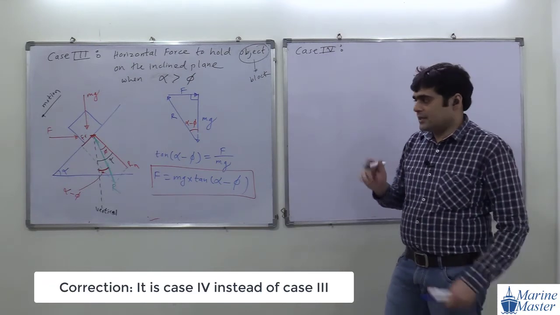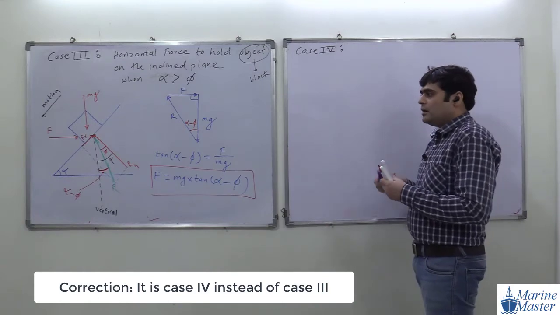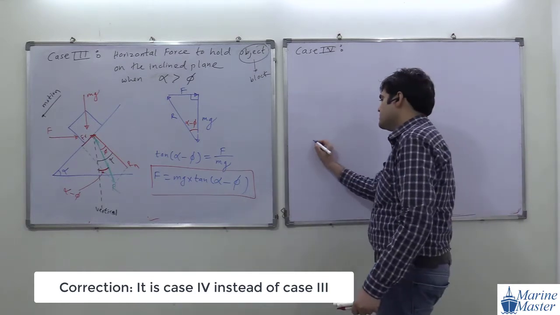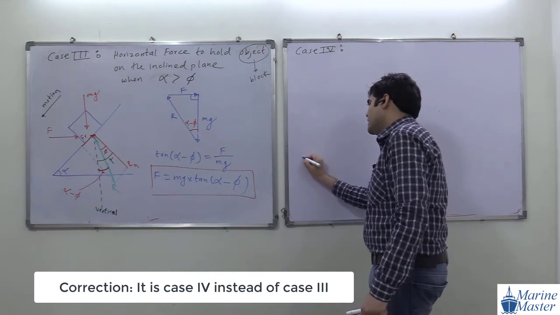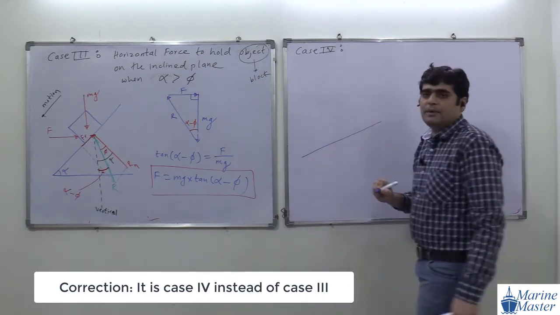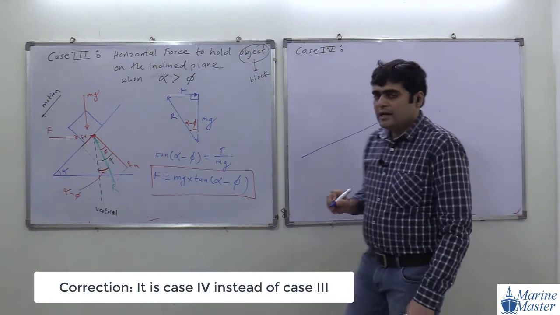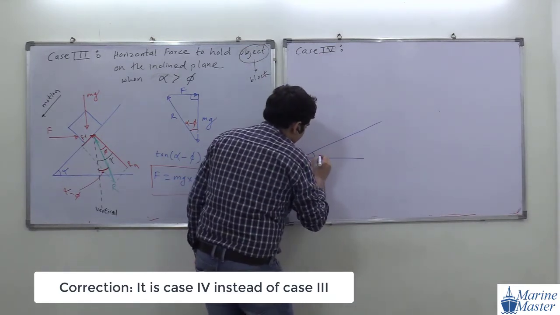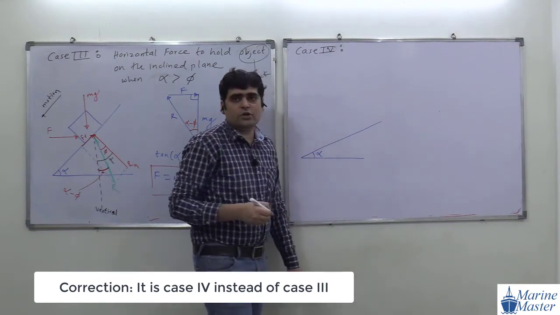Horizontal force. Suppose alpha is less than phi. Let me draw one. This is our inclined plane, making an angle alpha with respect to the horizontal.